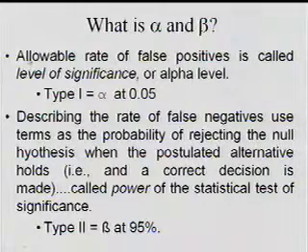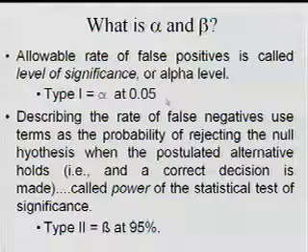So what is the alpha and beta again? It's that allowable rate of false positives that is called the level of significance, or the alpha value, the type 1 error alpha at 0.05.